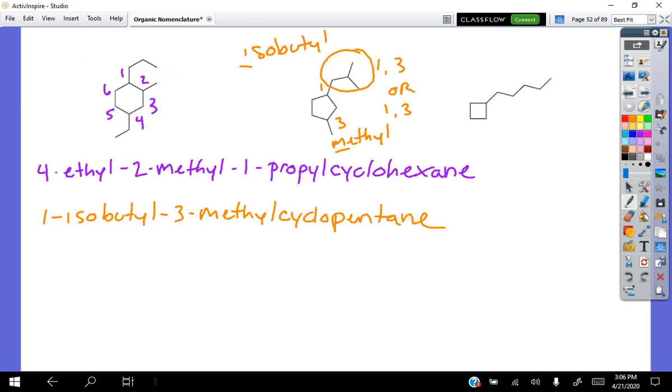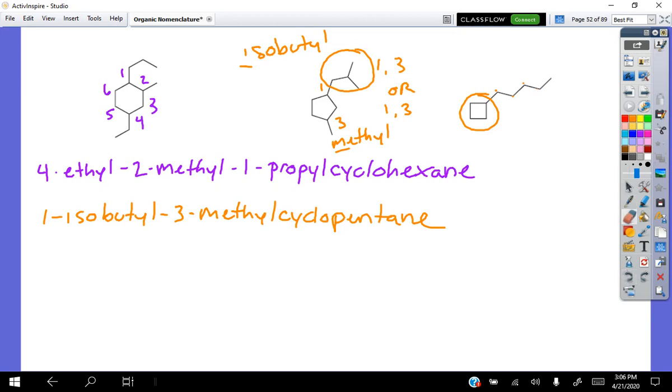Okay. And then my last one that I'm going to name, and then we're going to draw a couple. I see that I've got cyclobutane, that is 4 carbons, and a 1, 2, 3, 4, 5 carbon chain. This is tricky because you have to figure out what's the better parent here.